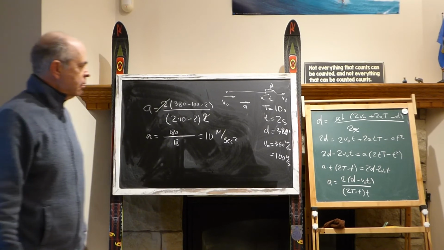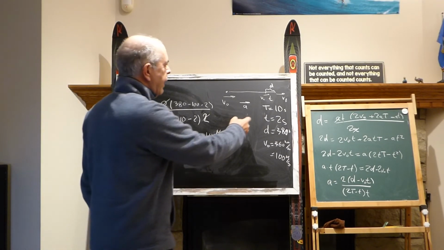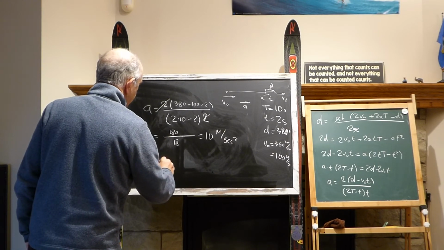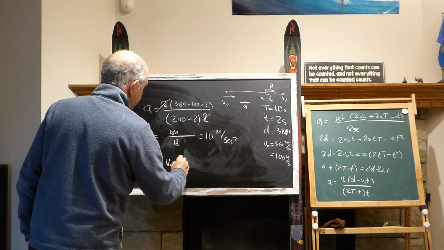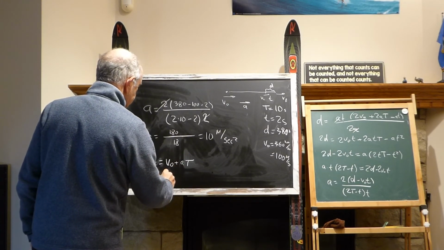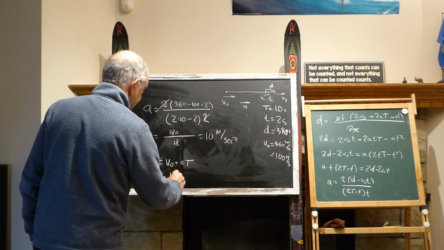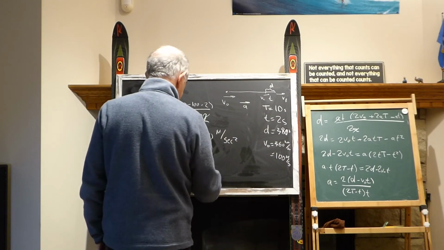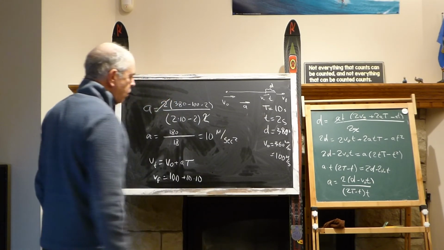It's very nice. And if they want to find V final, this is piece of cake now. V final equals V0 plus A times T. V0 is known, is 100, plus 10, and T is another 10, right?